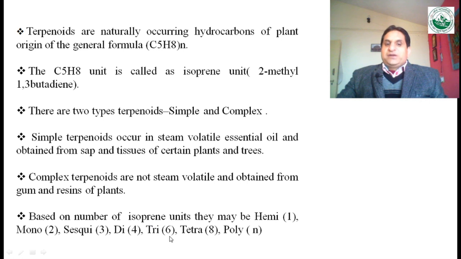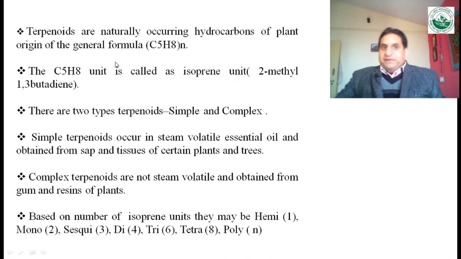Similarly, triterpenoids, when the number of isoprene units is 6; tetraterpenoids, when the number of isoprene units is 8; and if there are many isoprene units present, then it is known as polyterpenoids.